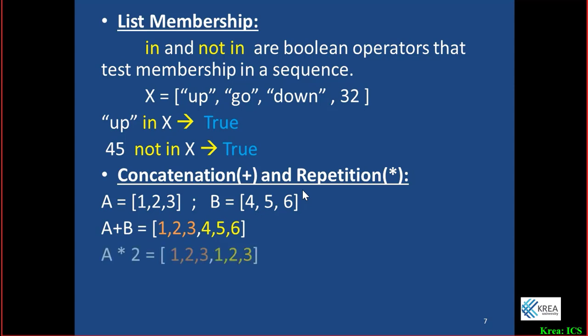If you want to repeat the list twice, you can use the repetition symbol, A star 2. So the list A will be repeated twice and you will get a single final list. You can also write go into 3, so the string go will repeat 3 times.